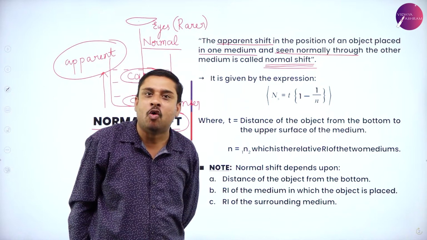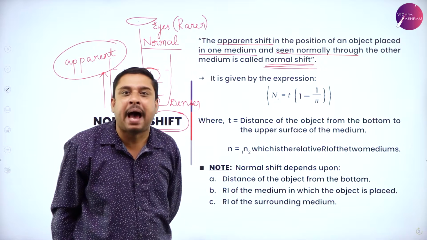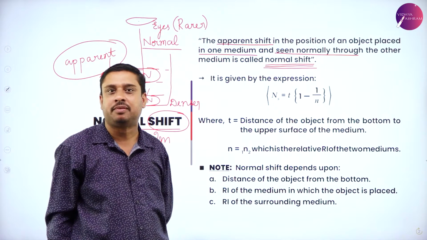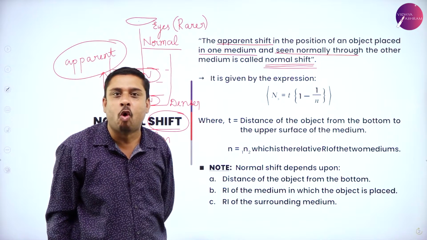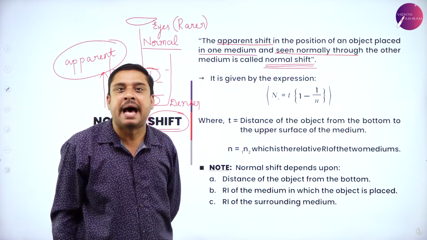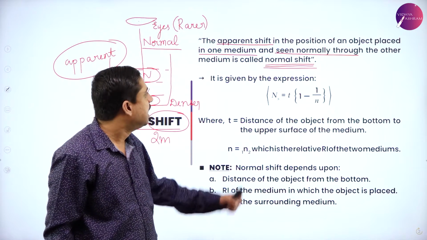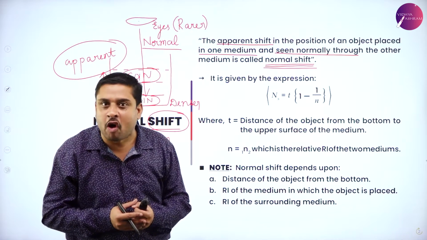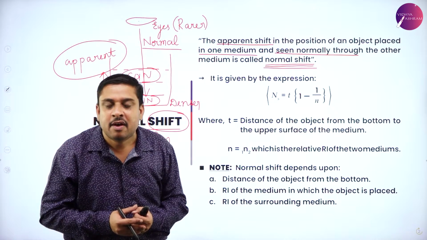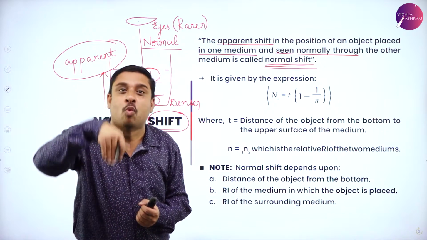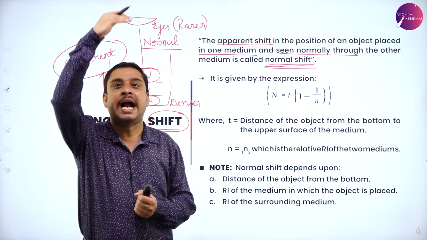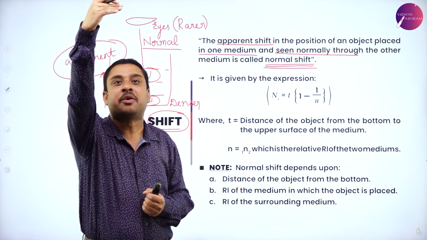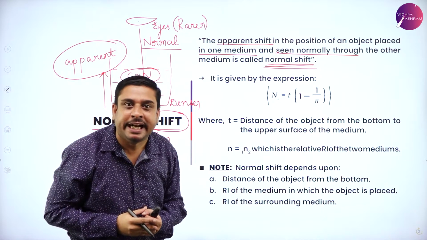It is only an apparent change. It is only an apparent shift in the position of an object which is placed in one medium and observed normally through the other medium.